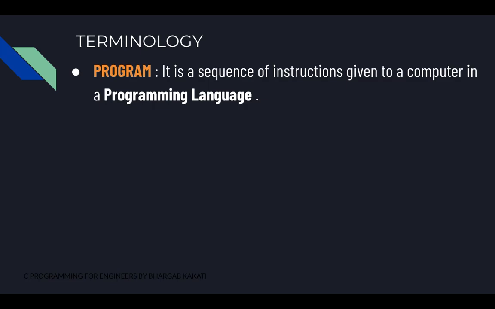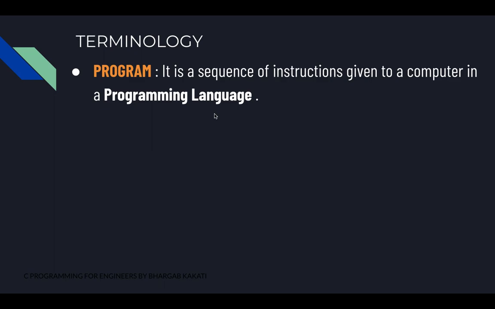For example, if I want to interact with you, I need to choose a language like English, Hindi, Bengali, Assamese, anything. Similarly, if I want to interact with the computer, I need the help of a programming language. So whatever sequence of instructions we give to a computer is known as a program, and the instructions are given with the help of a programming language.